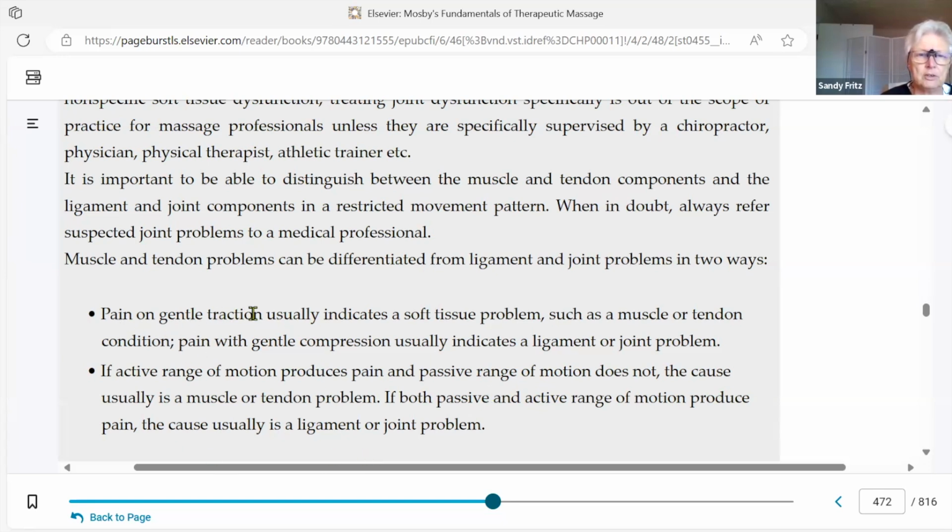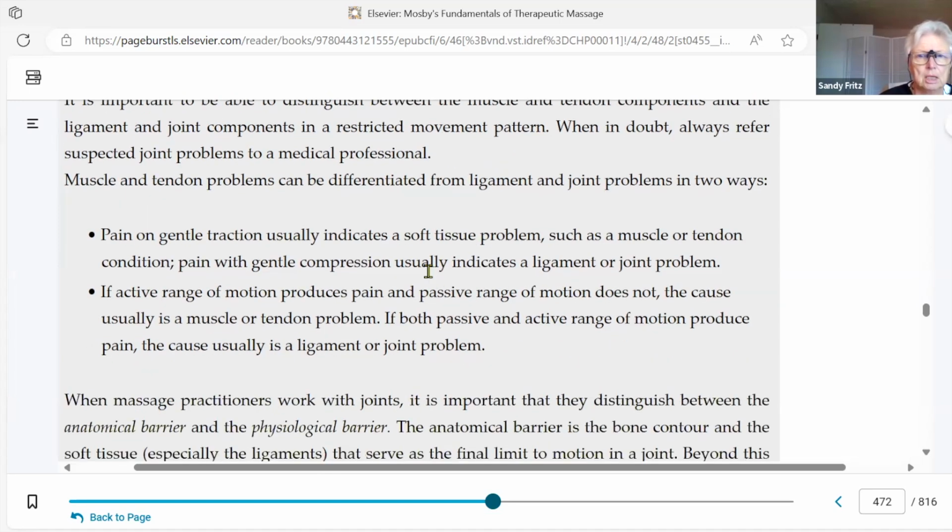So pain on general traction, or discomfort, usually indicates a soft tissue issue. Pain with gentle compression or discomfort, where you're pushing the joint ends, the bones, together, can indicate a ligament or a joint problem.